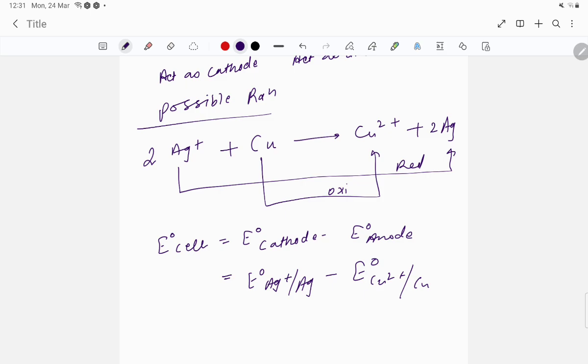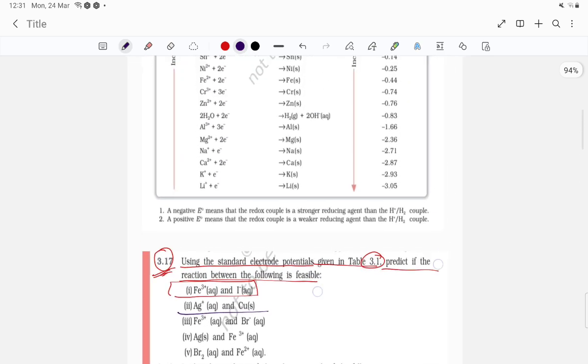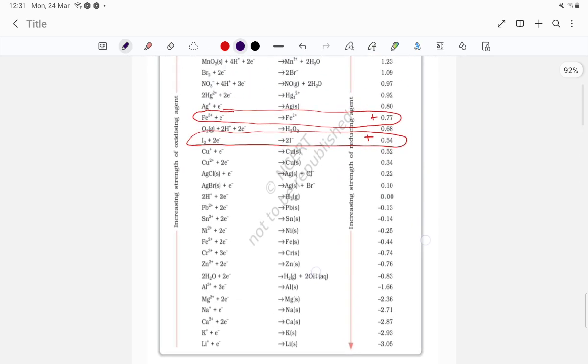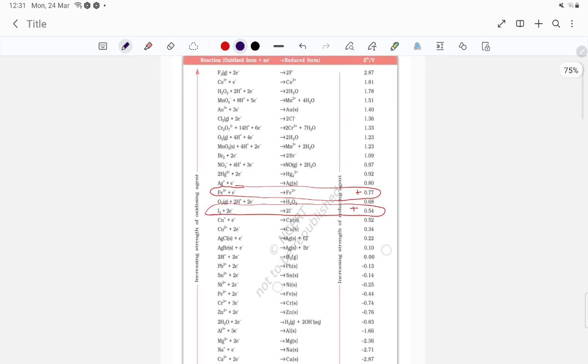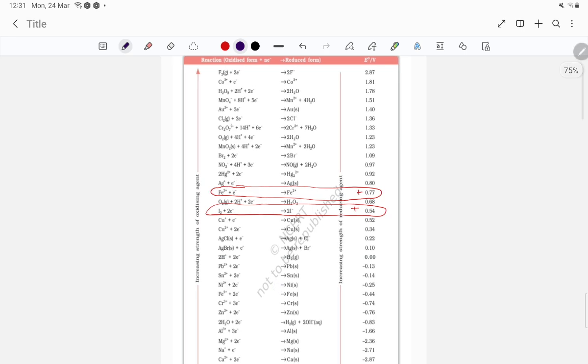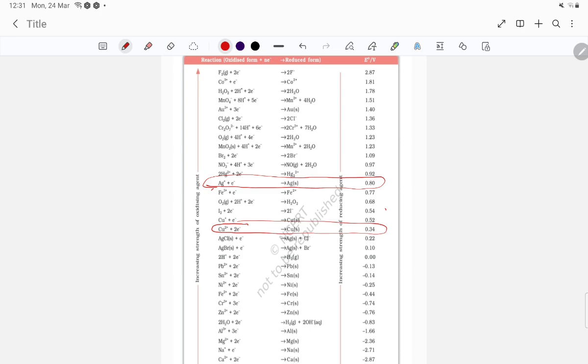Dear student, we need to find the values for Ag and Cu. If you see the Ag value here, student, it is 0.80, and the Cu2+ value is 0.34, and both are positive, student.